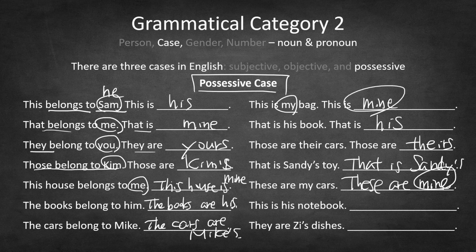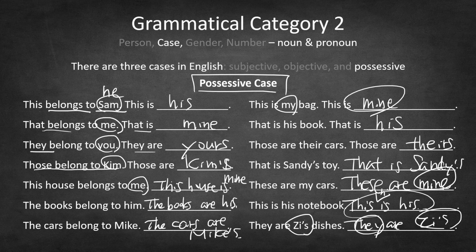Singular, plural, just the same. This is his notebook. So this is his, or this notebook is his. That's up to you. They are these dishes, so they are either this or the dishes are this. Okay, when you have a person's name, put a person's name and then apostrophe s.